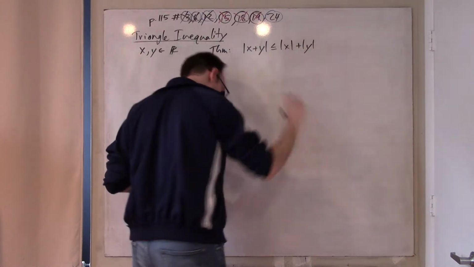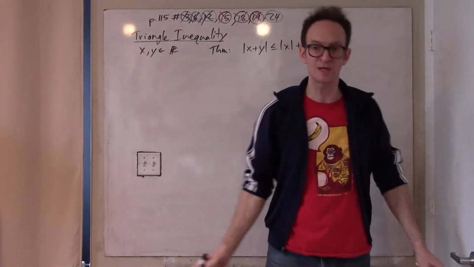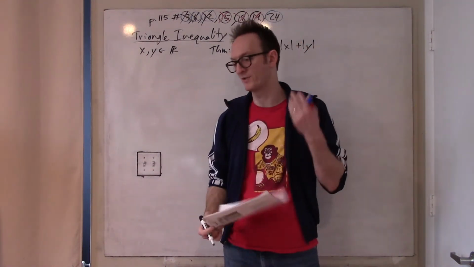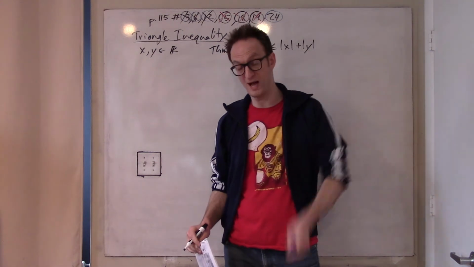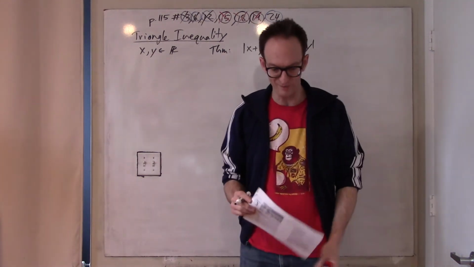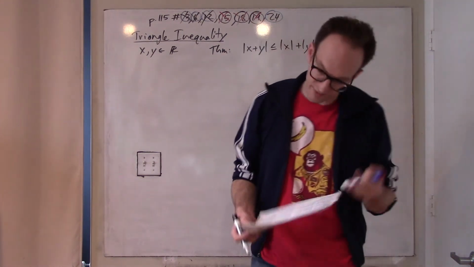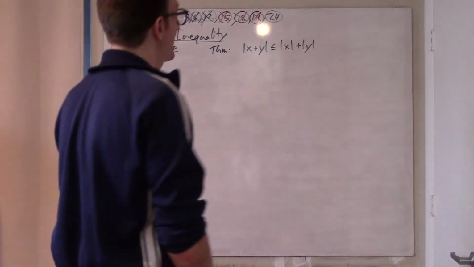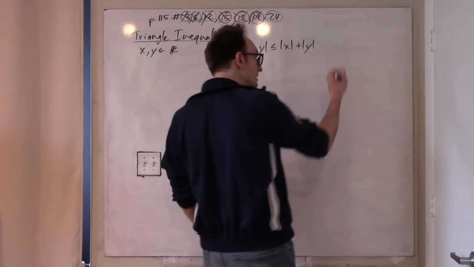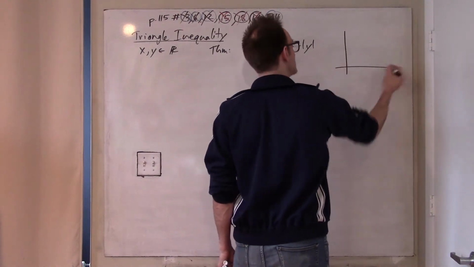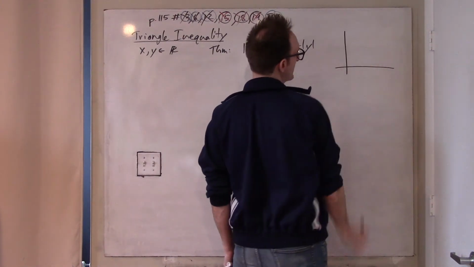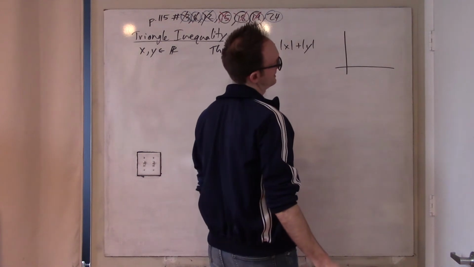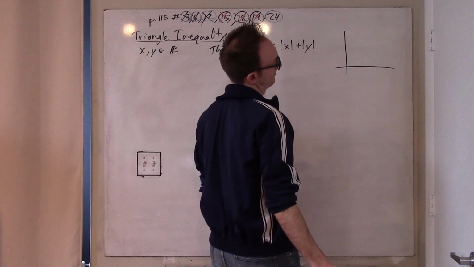This is sort of a fact about vectors. If you want to think of real numbers, positive and negative, as one-dimensional vectors, then this is stating some fact. It's called the triangle inequality, kind of for that reason, that if you take it in two dimensions, make sure I don't embarrass myself here.